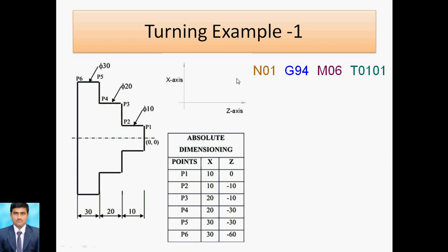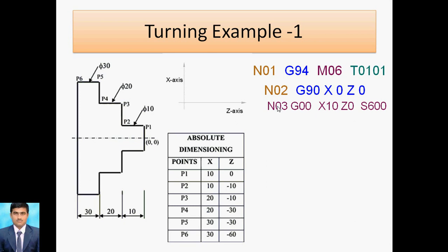And the next point we refer to is G90. G94 is the rapid traverse, and G90 is for absolute programming. So with X0 Z0, the tool is approached at this point.